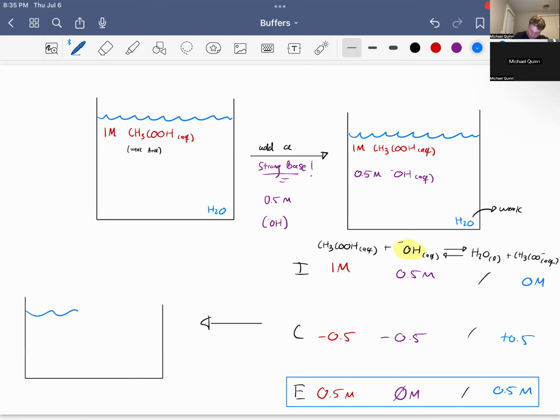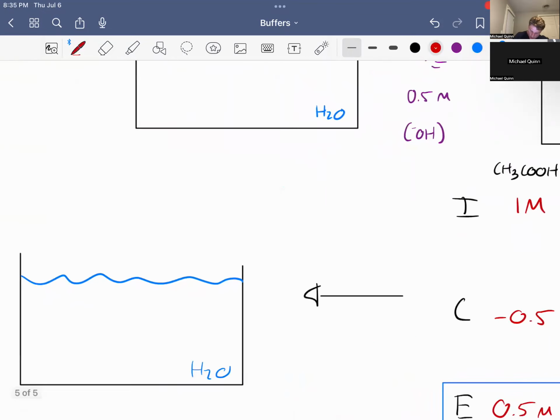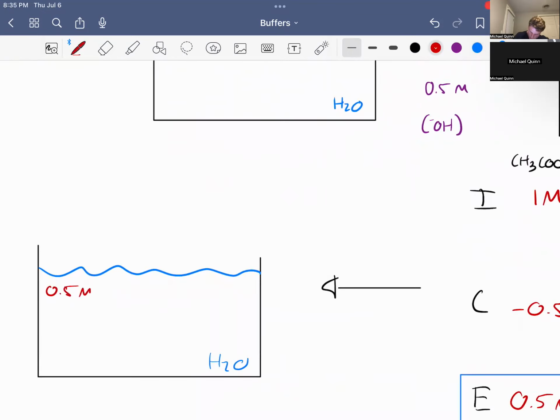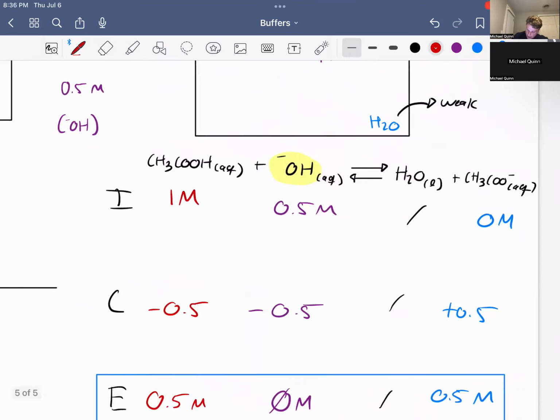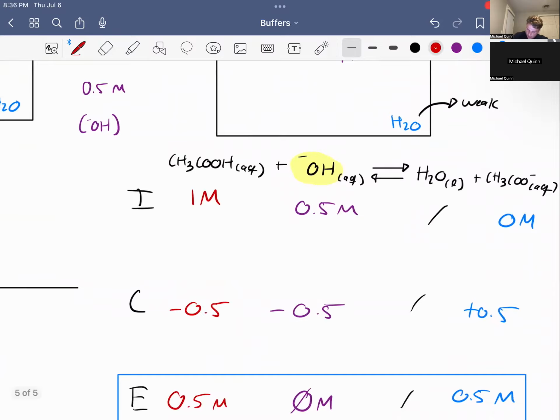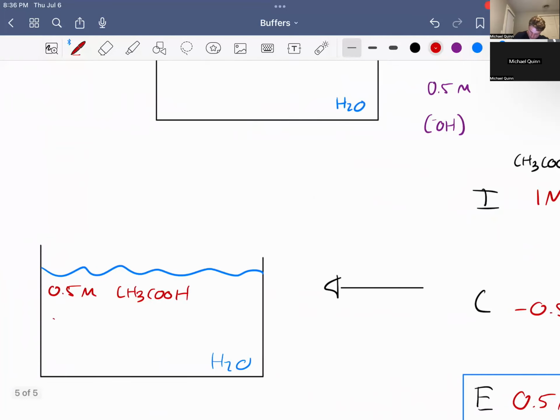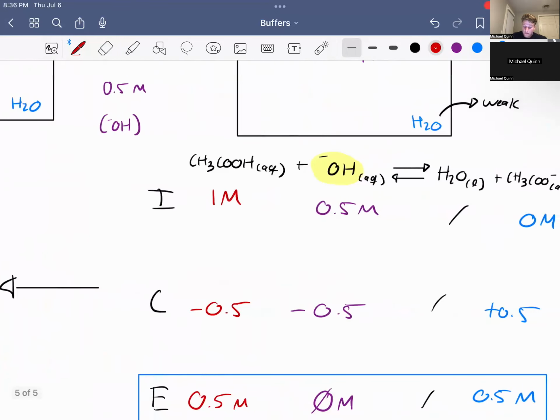So now we have water still, and we have 0.5 molar of CH3COOH, and we have 0.5 molar of its conjugate base. Note, we used up all of our strong base.